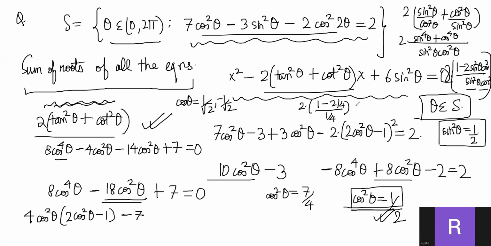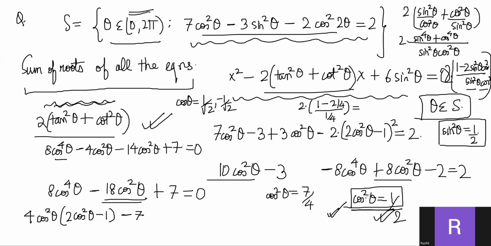So that is for one particular value of theta. At any particular value where cos theta was 1 by root 2, that will happen once, and minus 1 by root 2 will also happen once in 0 to 2 pi. Do you understand what I'm saying?